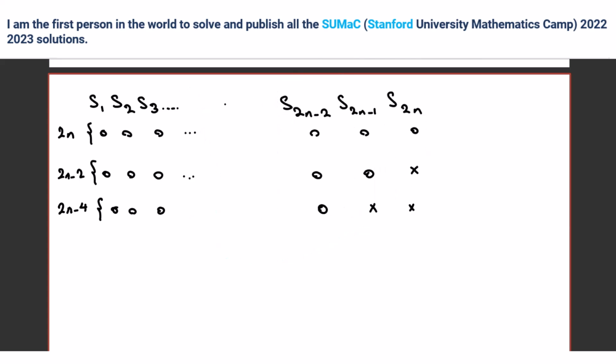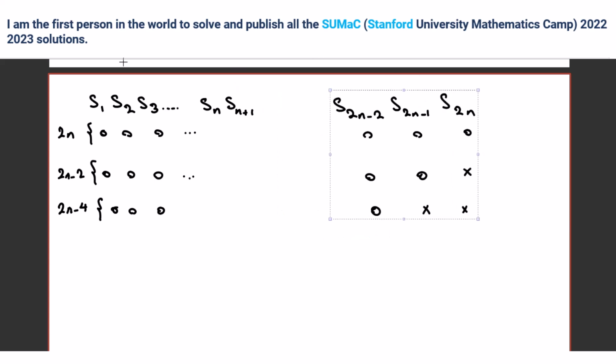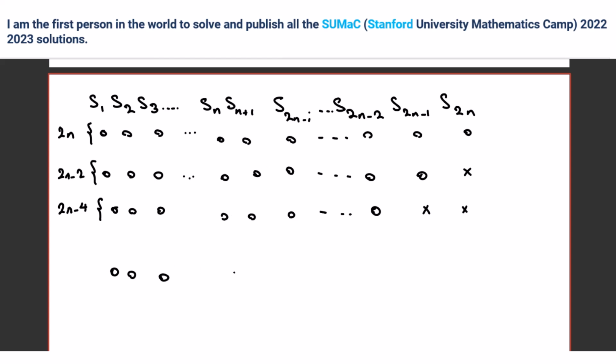So suppose that, for example, we go all the way to, let's write Sn plus 1, S2n minus i. So how many elements do we have in S2n minus i of them? So that becomes 2n minus 2i.